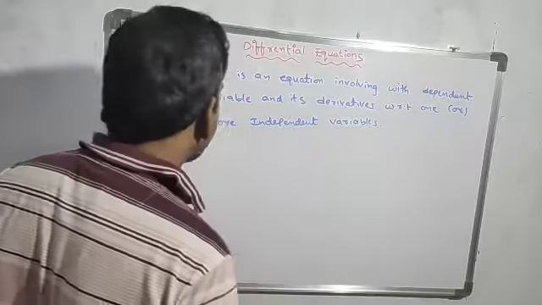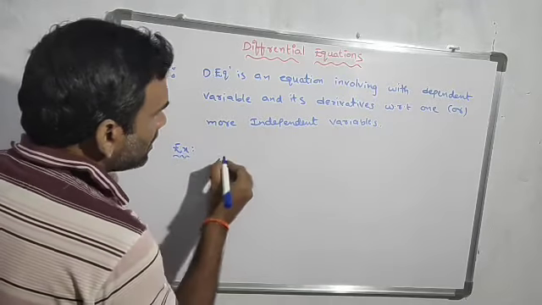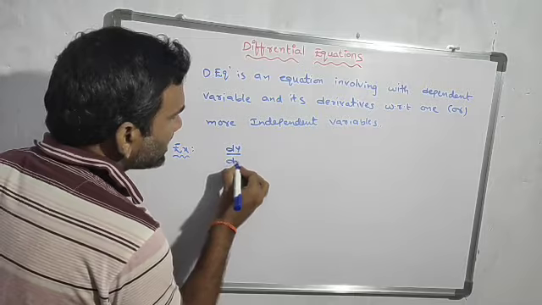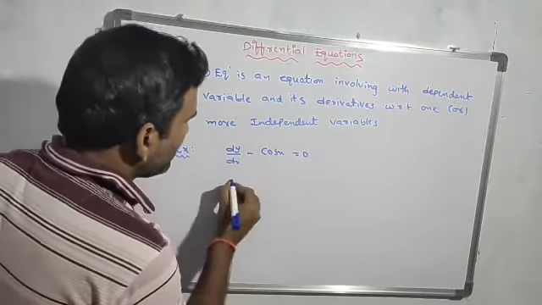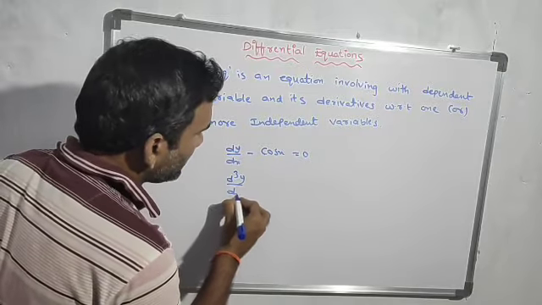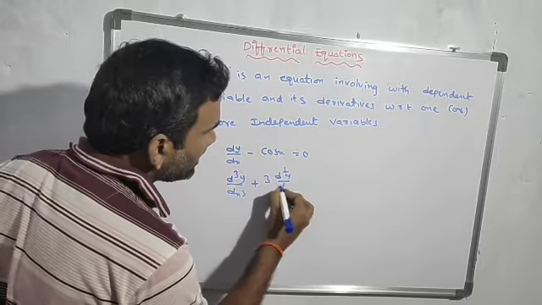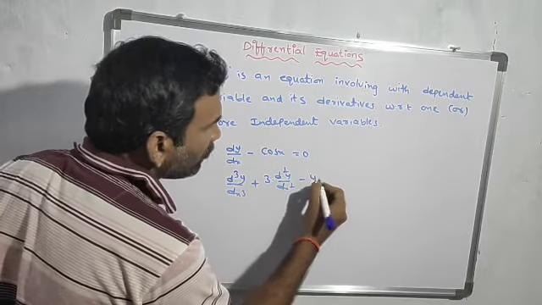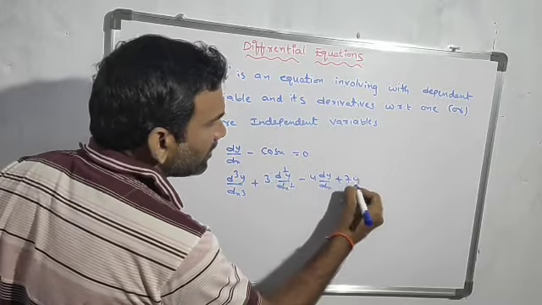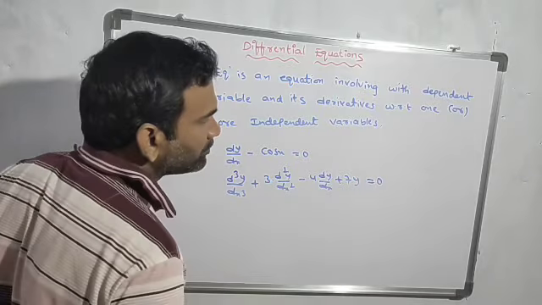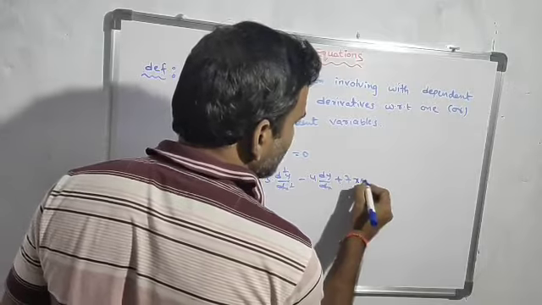We will discuss this by examples. For example, dy by dx minus cos x equal to 0. Next, d cube y by dx cube plus 3 into d square y by dx square minus 4 into dy by dx plus 7xy equal to 0.